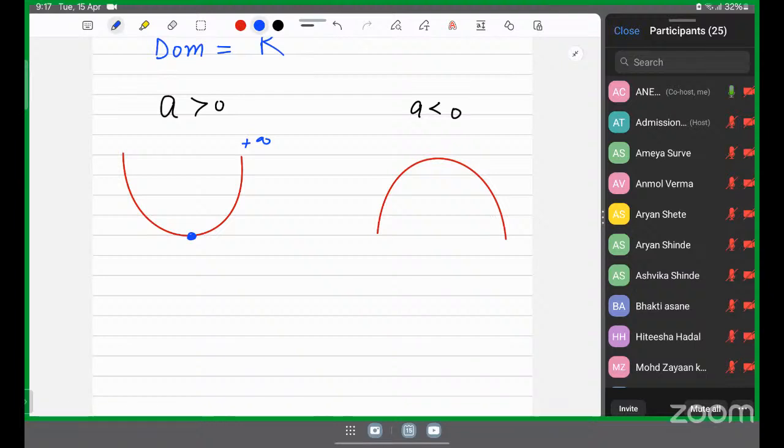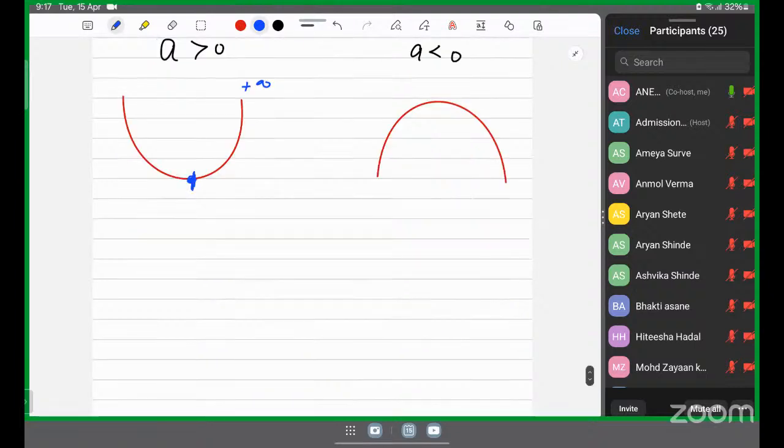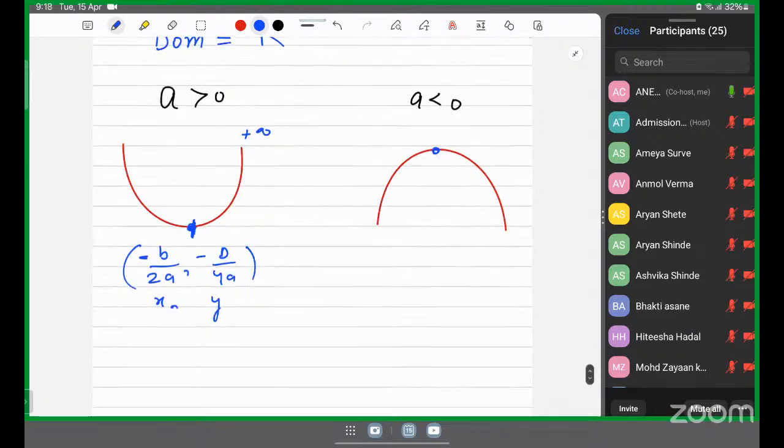This point is known as the vertex of the parabola, and the vertex is given by minus b by 2a comma minus d by 4a. This is x, this is y. The same will be here: minus b by 2a comma minus d by 4a.